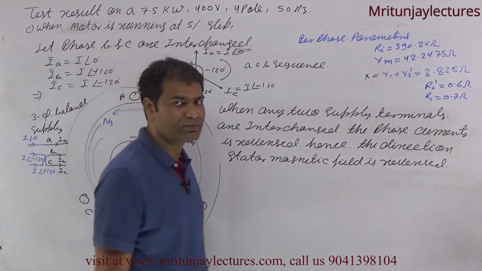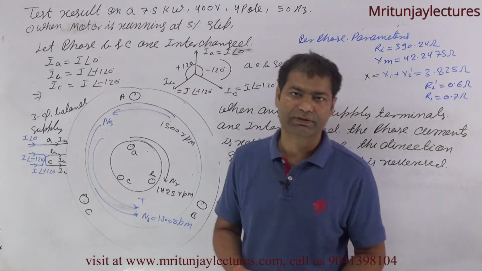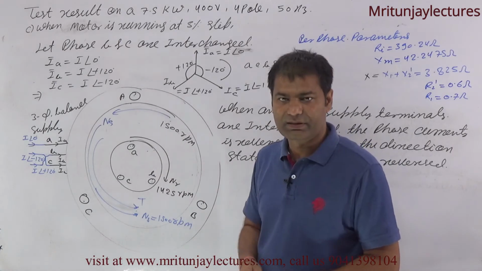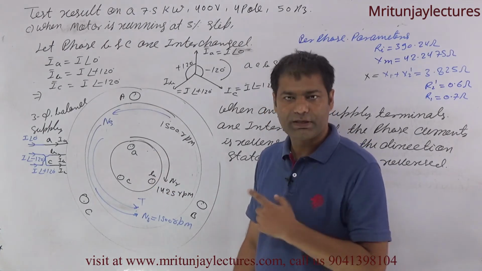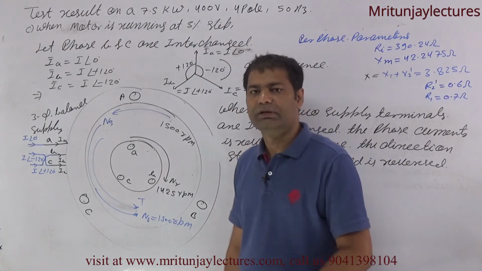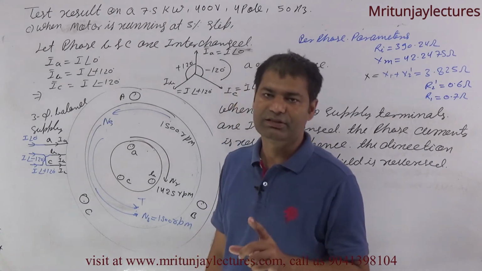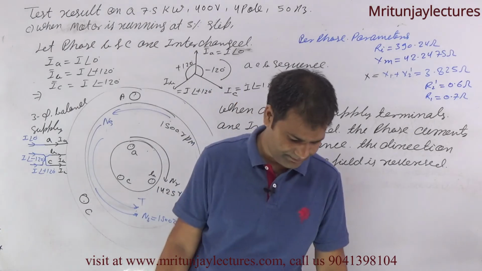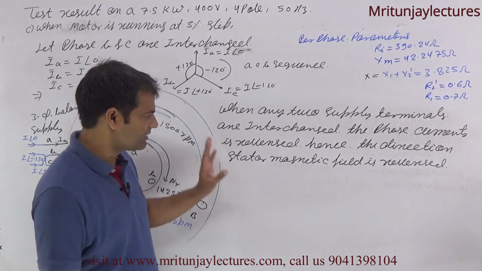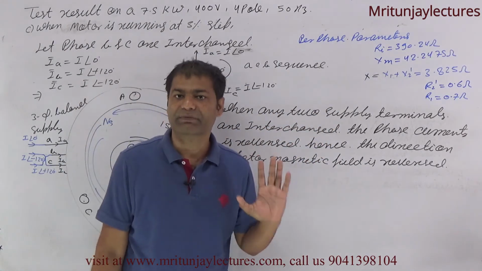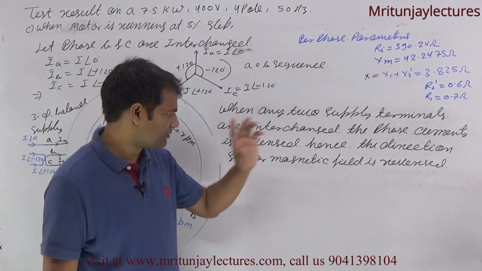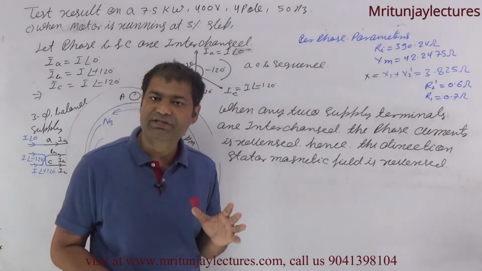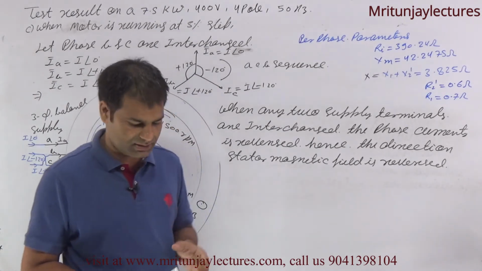Because if the phase sequence of the current is reversed, then the stator magnetic field is also reversed. If any doubt why reverse, I already discussed it in lectures 4.1 and 4.2, in the concept of rotor magnetic field. That's why. Now what about torque developed? The torque developed is also reversed.